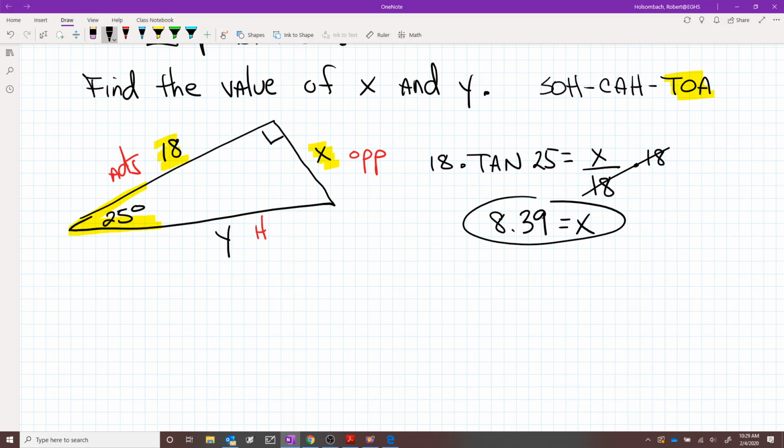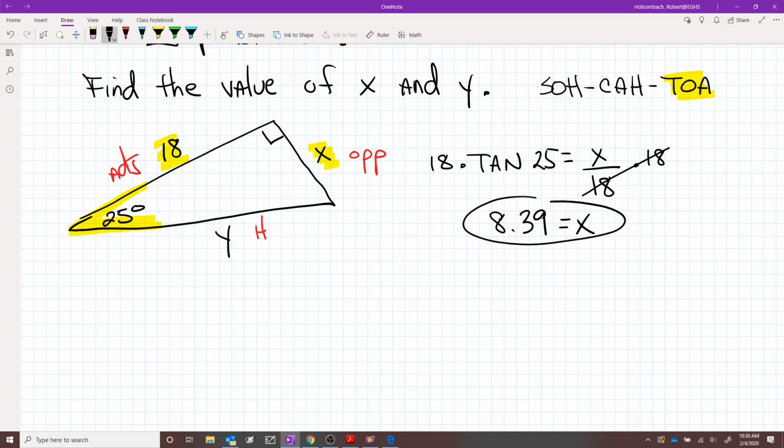You're going to have to go back to your mode button and get it in degree mode. If you didn't get 8.39, you're not in degree mode, or you typed in tan 25 wrong. In the TI-30XA, you have to type in the 25 and then the tan button, and then hit equals. Better?